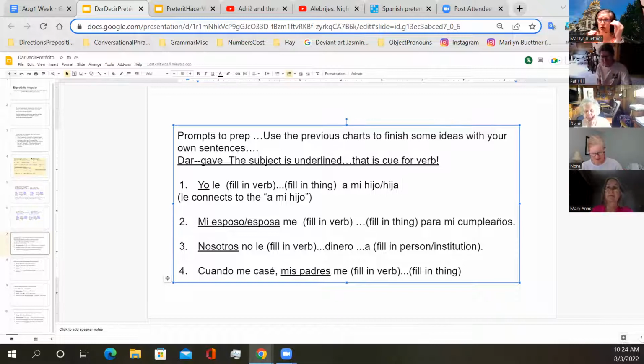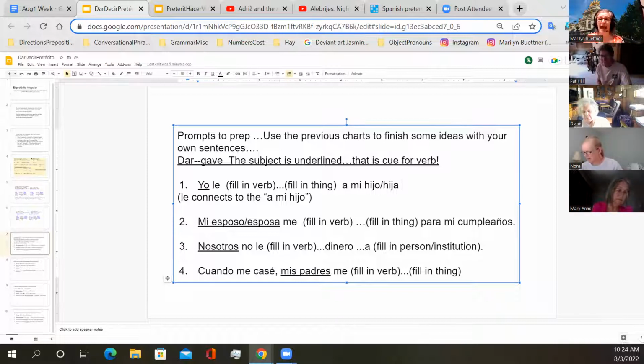Me does not determine the form of that verb. It is not saying put it in yo, right? Otherwise, it means I gave myself. Well, sometimes we say I gave myself a treat, you know, but that'll be another thing. Mi esposo me dio. Mi esposo me dio.